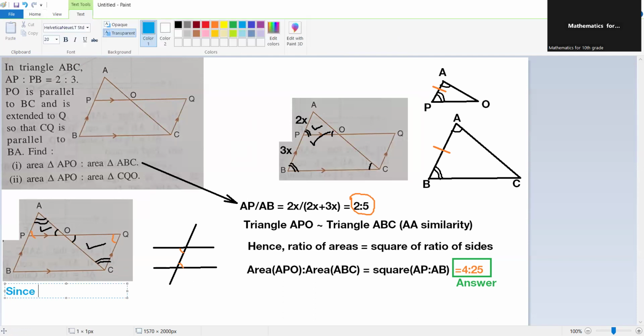Since triangle APO is similar to ABC, AP by AB would be equal to AO by AC.